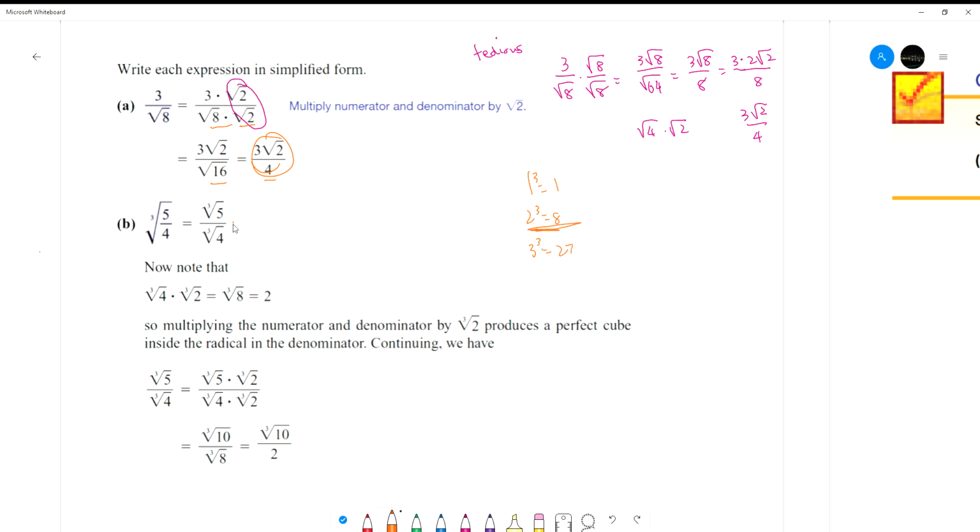So I can multiply this by the cube root of 2 over the cube root of 2. That way, the denominator becomes the cube root of 8, which simplifies to 2. The numerator, you can just multiply, right? 5 times 2, and you get cube root of 10, which you cannot simplify. So basically, that's what we're doing here, okay?